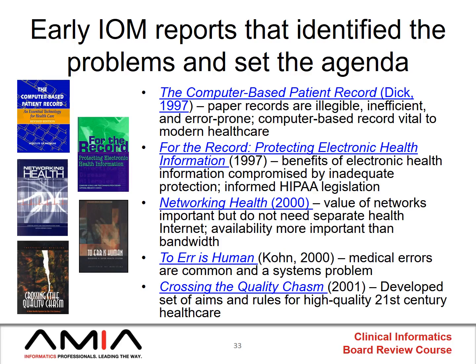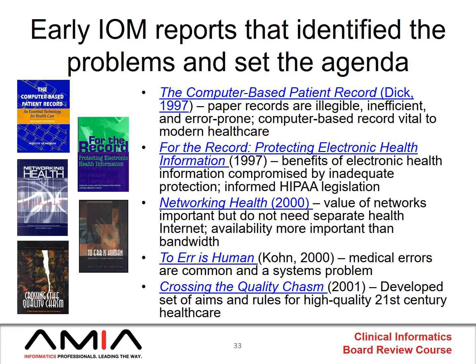There was an initial report published actually initially in 1991 and then republished in a second edition in 1997, the computer-based patient record, which noted that paper records were illegible, inefficient, and error-prone, and that the computer-based record was vital to modern healthcare system. Another report called For the Record looked at protecting health information.